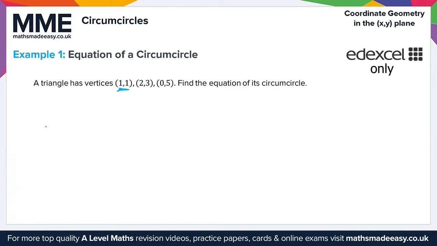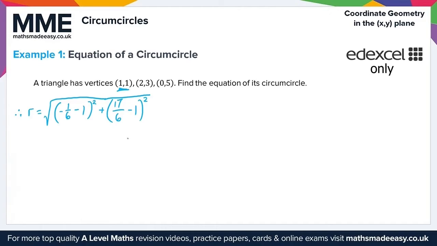Okay, so if we're using 1, 1, then the radius in this case, r, will be equal to the square root of minus 1 over 6 minus 1 all squared. Okay, then don't forget the y coordinate here, so plus 17 over 6 minus 1, and again, we square this.